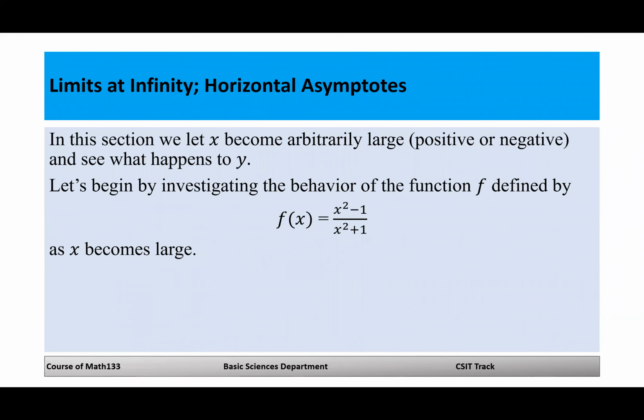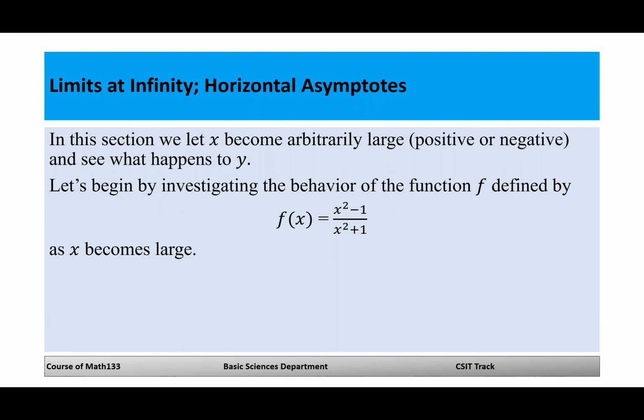For example, here is a function, which is a rational function, and we want to evaluate the limit when x becomes large. It means x goes to infinity. We will also think about x approaches minus infinity, but let's start with x approaches infinity.